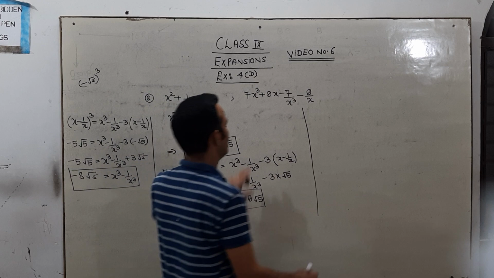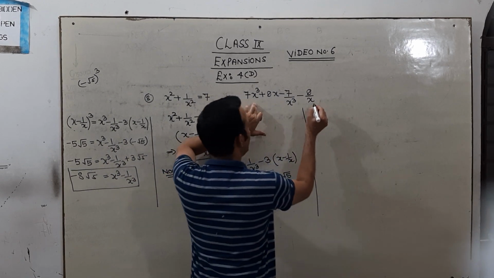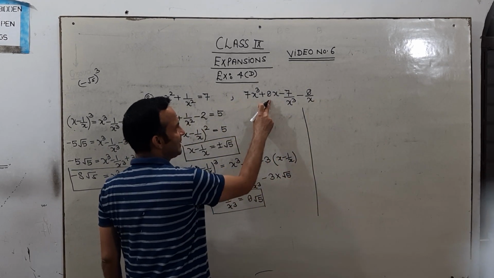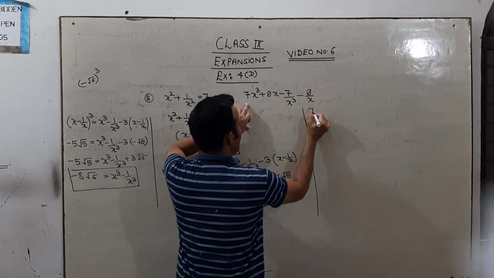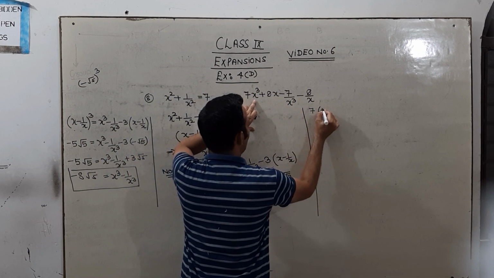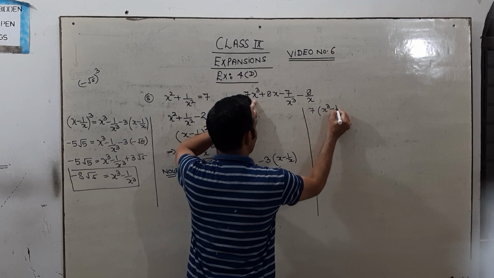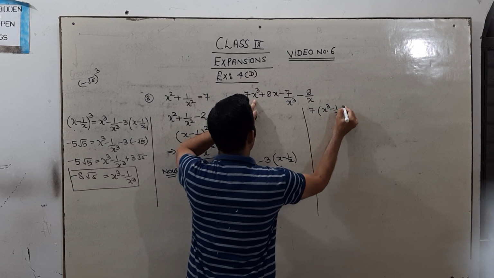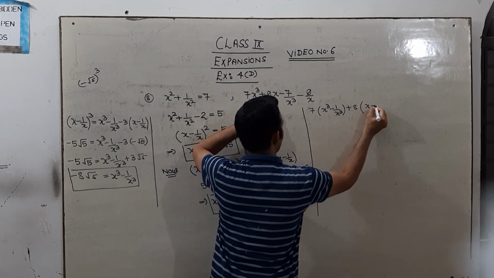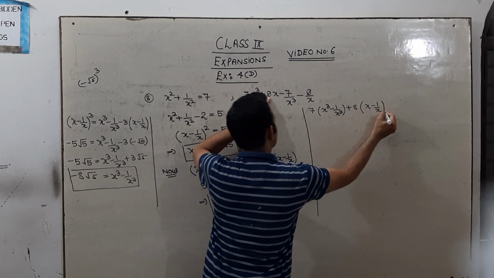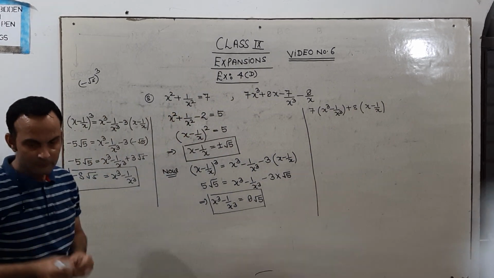Okay? Now, see. Finally, we have to find 7x cube plus 8x minus 7 upon x cube minus 8 upon x. Taking common 7, we obtain x cube minus 1 upon x cube. When we take common 8, we obtain x minus 1 upon x. Okay?